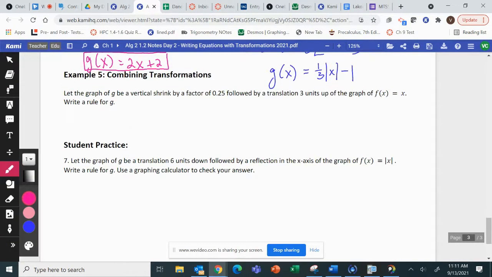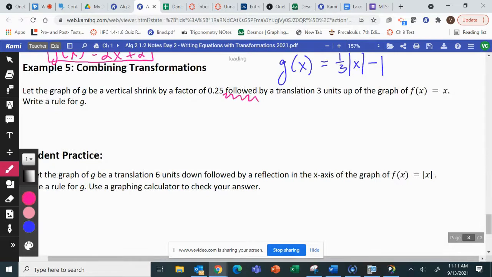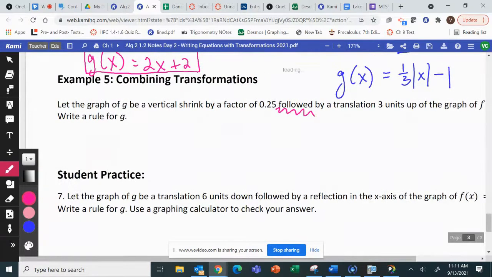Combining transformations. When we combine transformations, you're going to see the words followed by. That means you have to follow the order. The first part is a vertical shrink by a factor of 0.25. Vertical shrink, is that inside or outside? Outside.